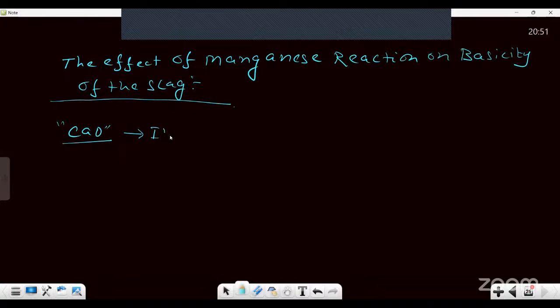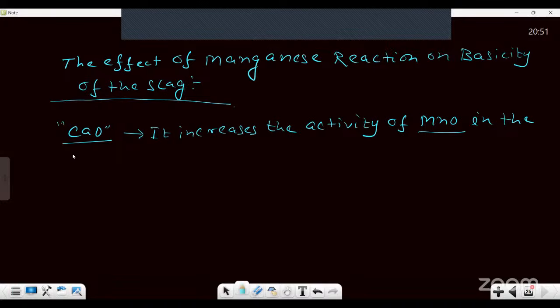CaO increases the activity of MnO in the slag.